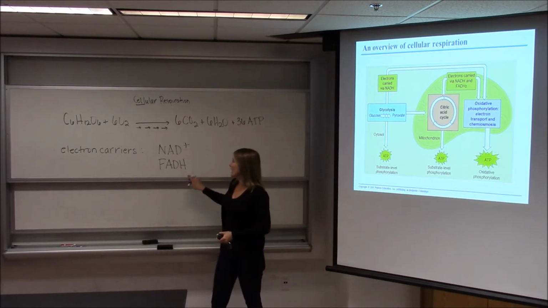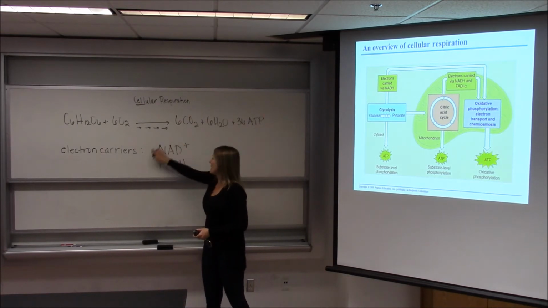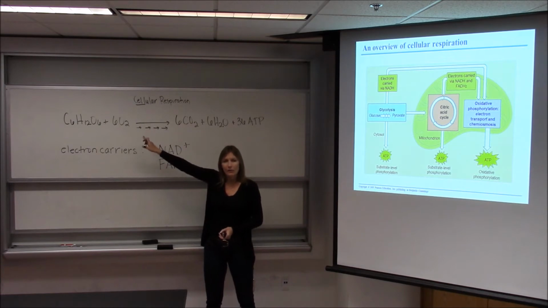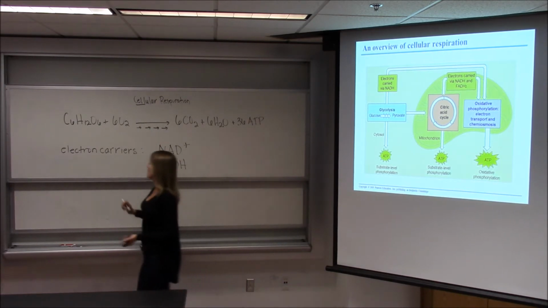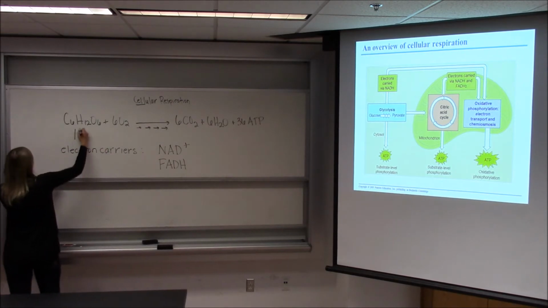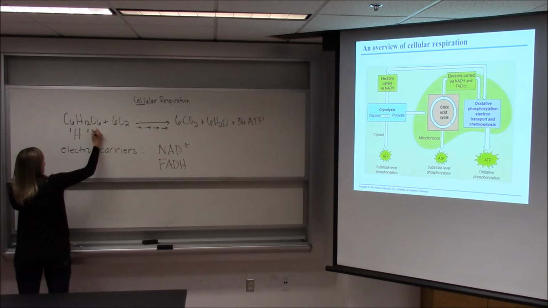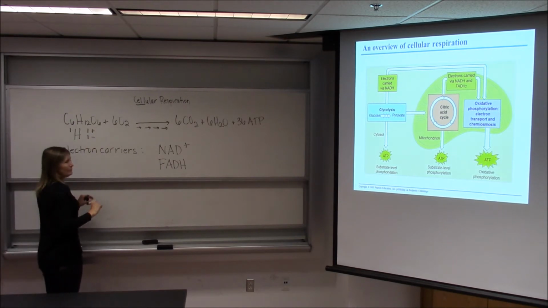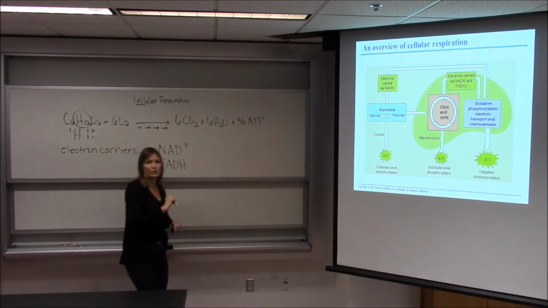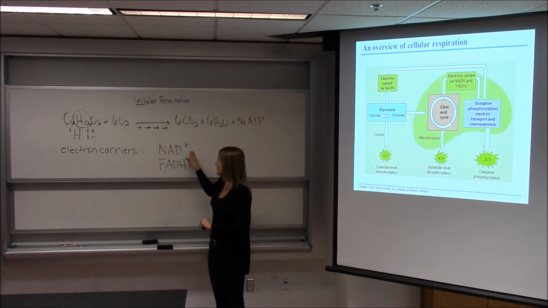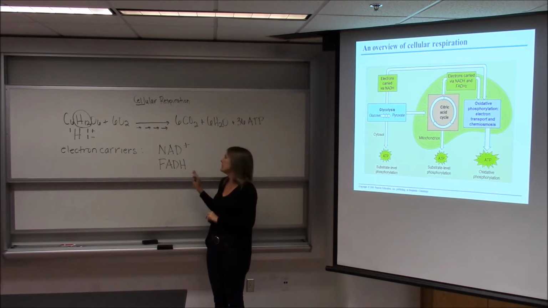These electron carriers are going to pick up electrons in the form of hydrogen. Those electrons are carried by hydrogen. Remember, hydrogen is atomic number 1. It has 1 proton and 1 electron. We have 12 hydrogens we're going to need to pick up as we go through this story. And those hydrogens are going to be picked up by these electron carriers.